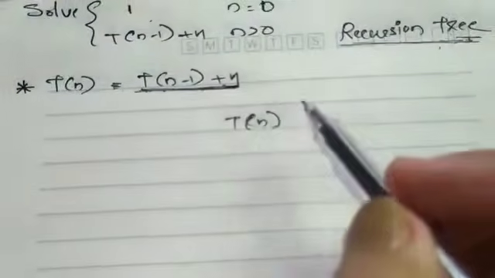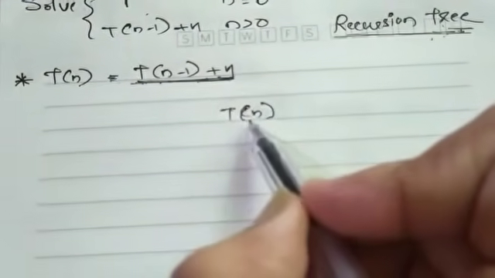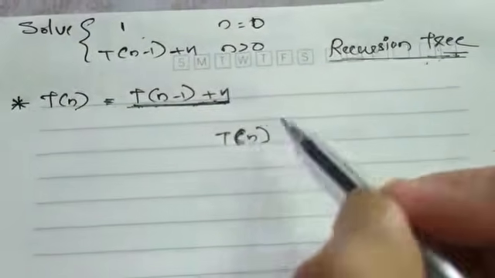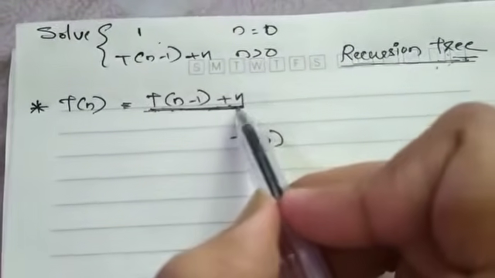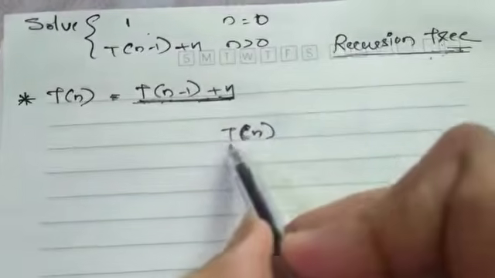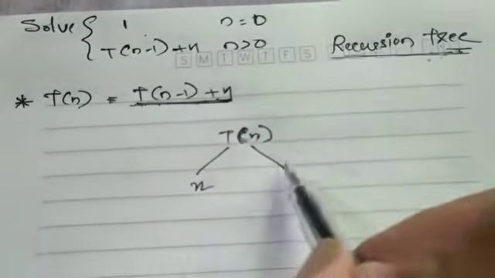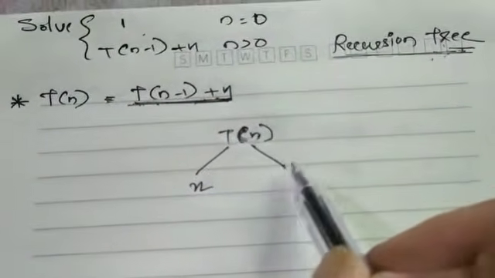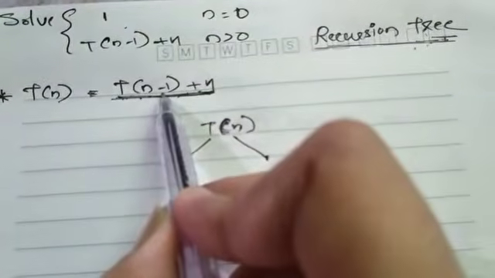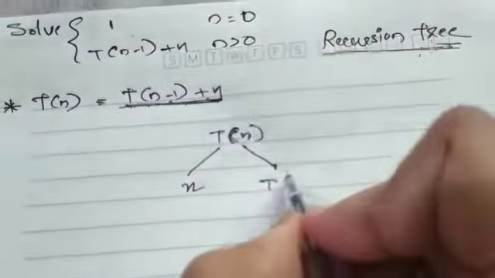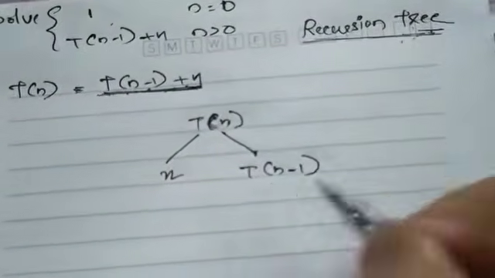We know T(n) is a recurrence relation. And how many times is this T(n) executing? We can say T(n) is executing n times. And how many times will this T(n) call itself? I can say T(n) will recursively call itself T(n-1) time.